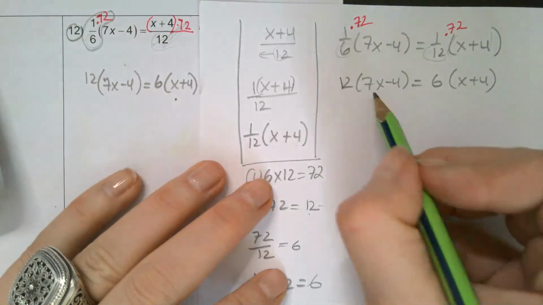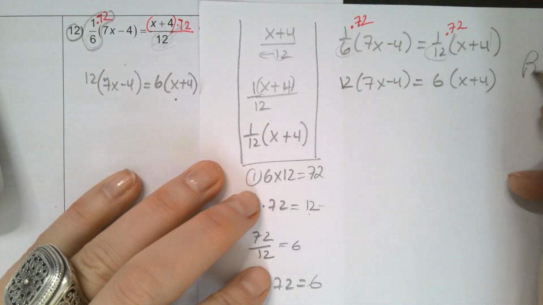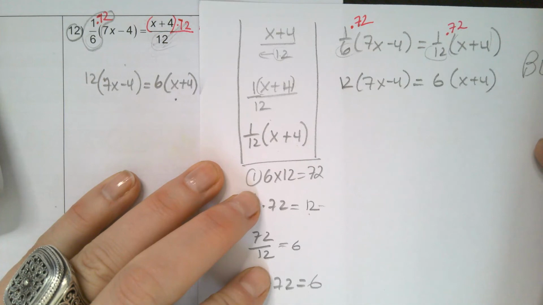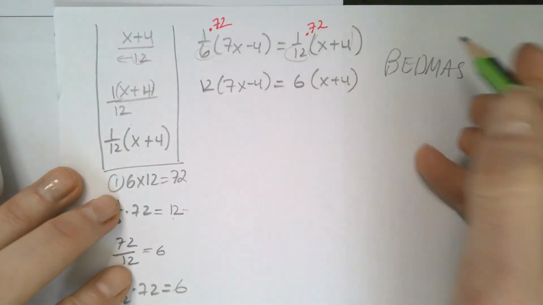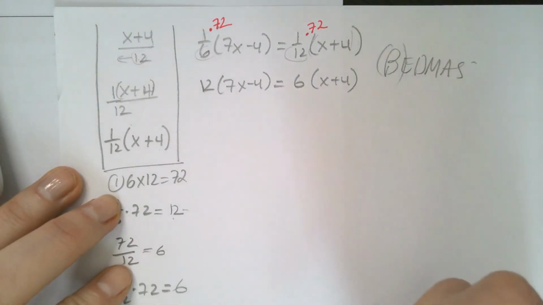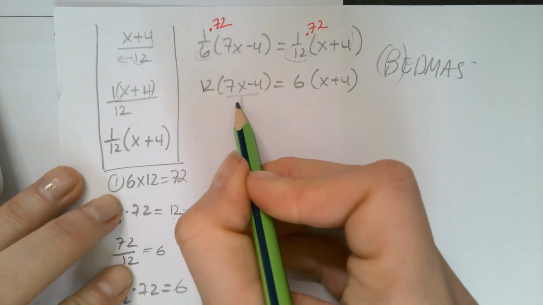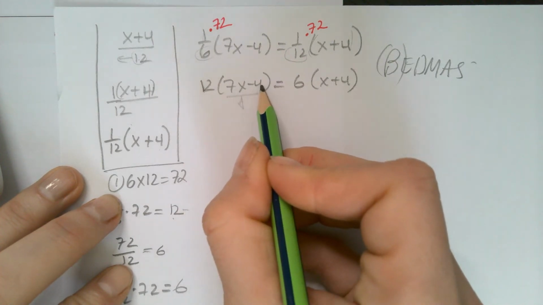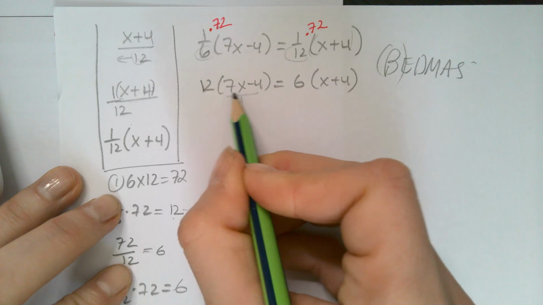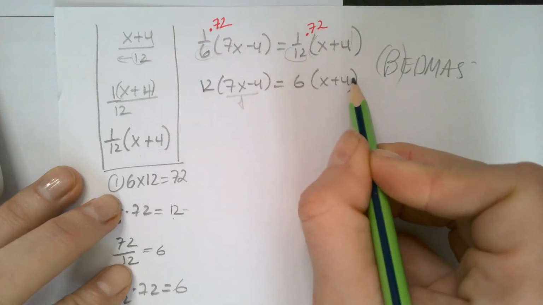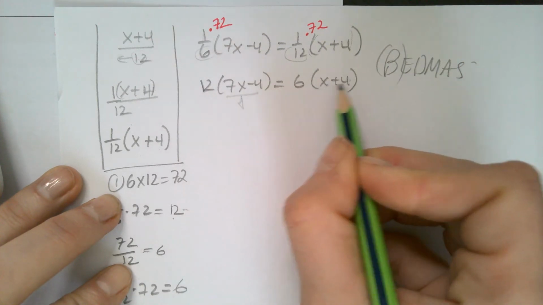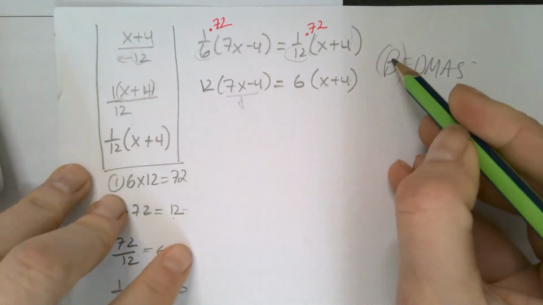So first, because BEDMAS tells us, I can't see my BEDMAS. BEDMAS tells us to do inside the brackets first, so we always check. This doesn't have an x, so these are not like terms, so I can't do in there. This doesn't have an x, I can't do that either. So I can't do inside the brackets.